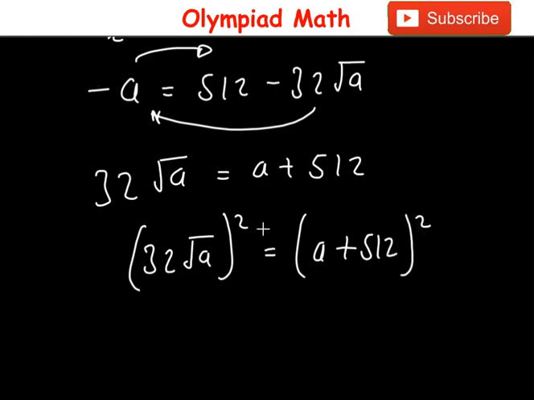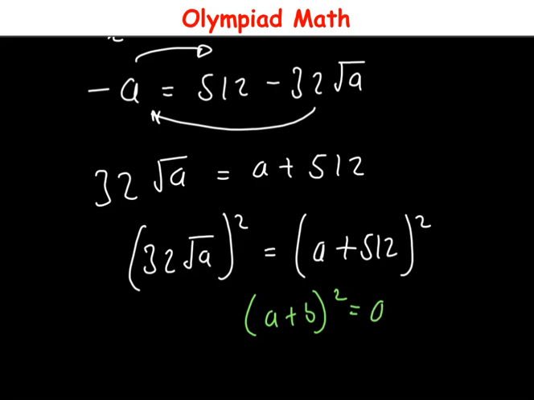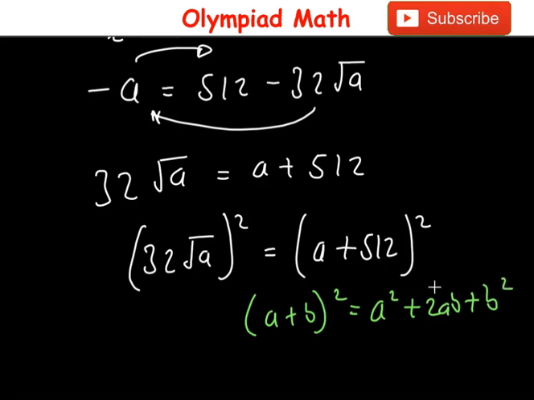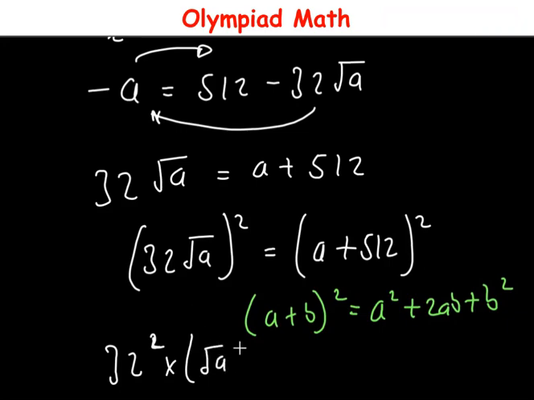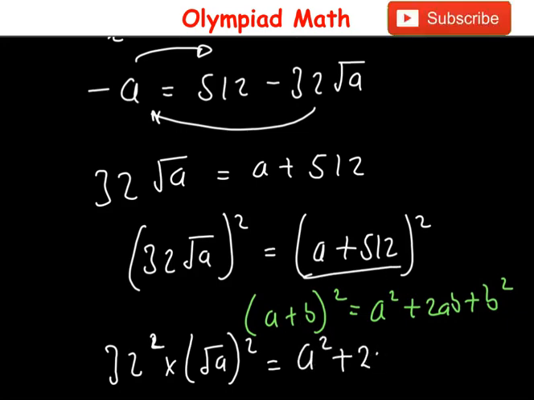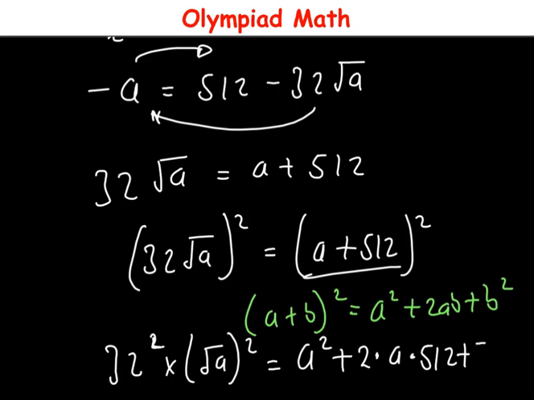And following this rule, that if you have a plus b all squared, this equals a squared plus 2ab plus b squared. And this equation then becomes 32 squared, then times in brackets root a all squared equals, we have a squared plus 2 times a times 512 plus 512 squared.